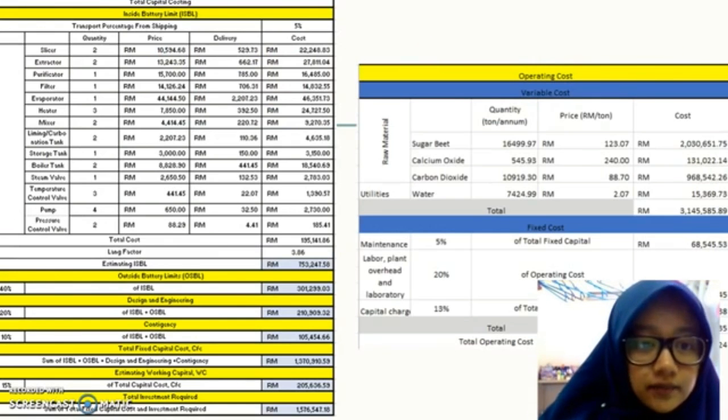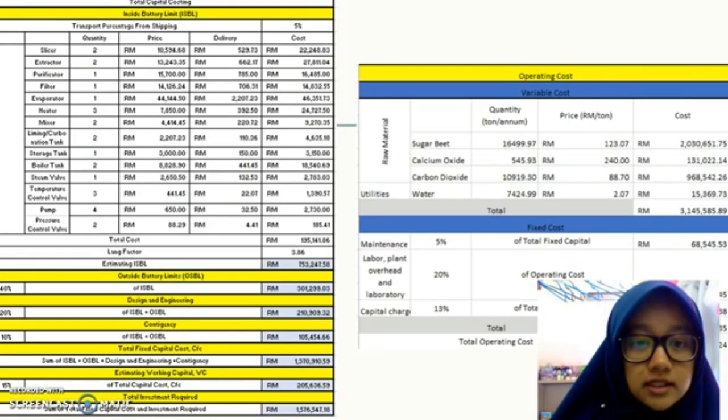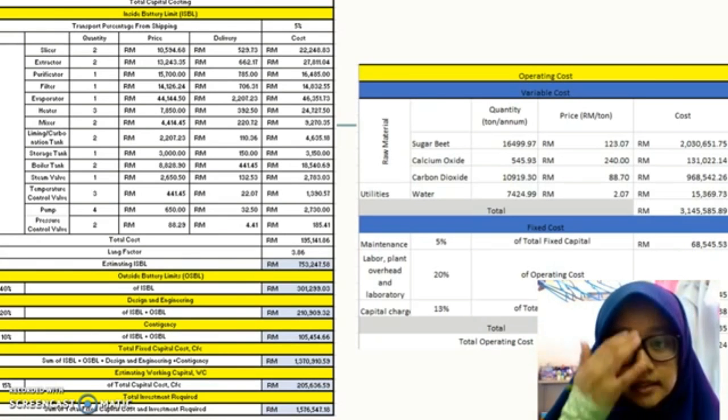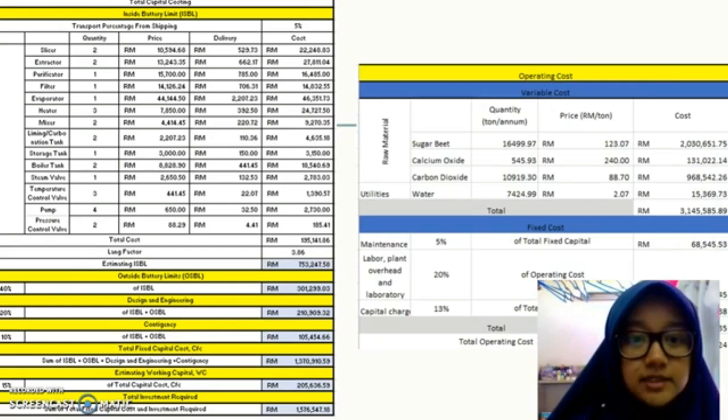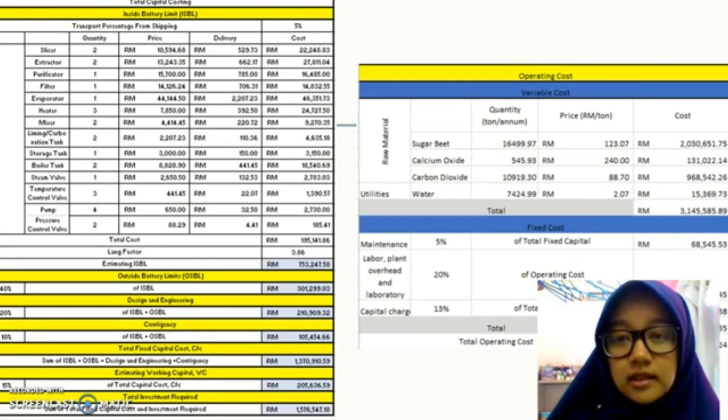As you can see, the total investment required of our design is 1,576,547.18. So that is a major cost, and our total fixed capital is 1,037,910. Our operating cost is mainly about 4 million, plus or minus.